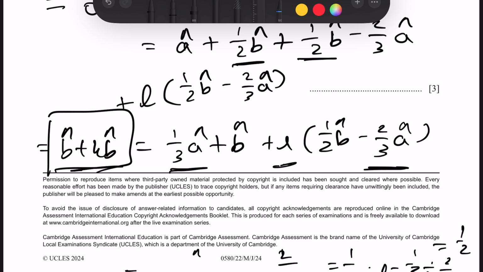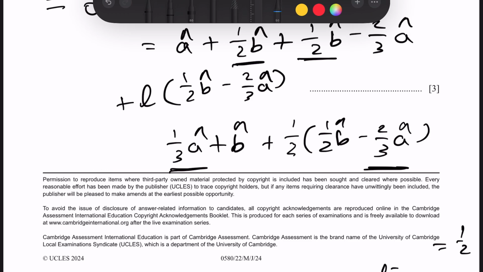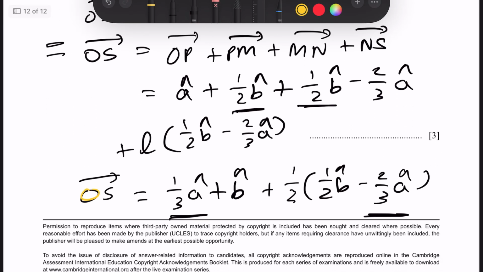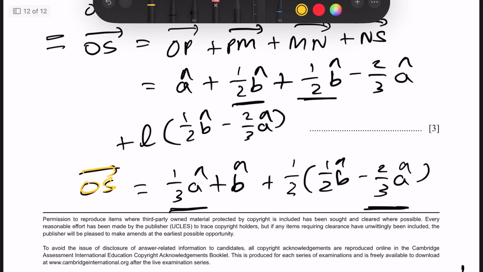Now that we have L, which is equal to 1 by 2, we can substitute 1 by 2 into this to get the final answer of what OS is, since this big equation is also defined as OS from this route, OP plus PM plus MN plus NS. So if we multiply half with half b, that's equal to 1 by 4b.